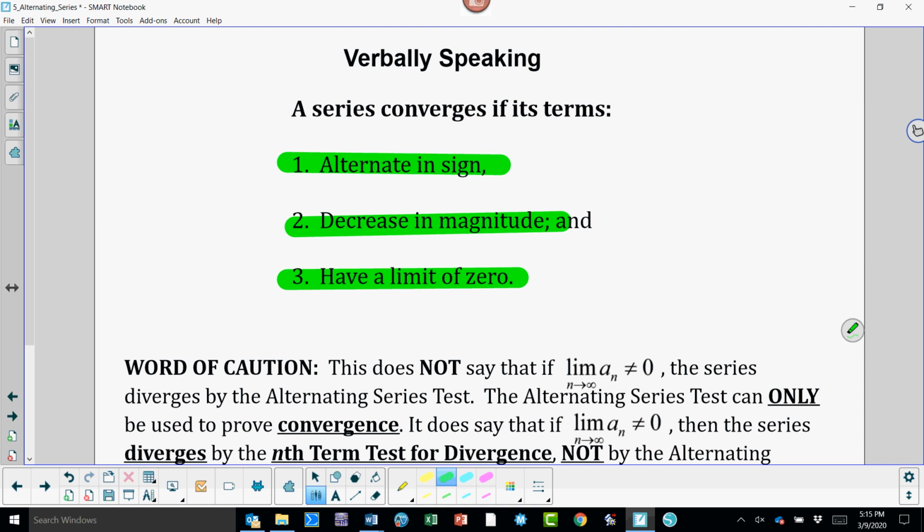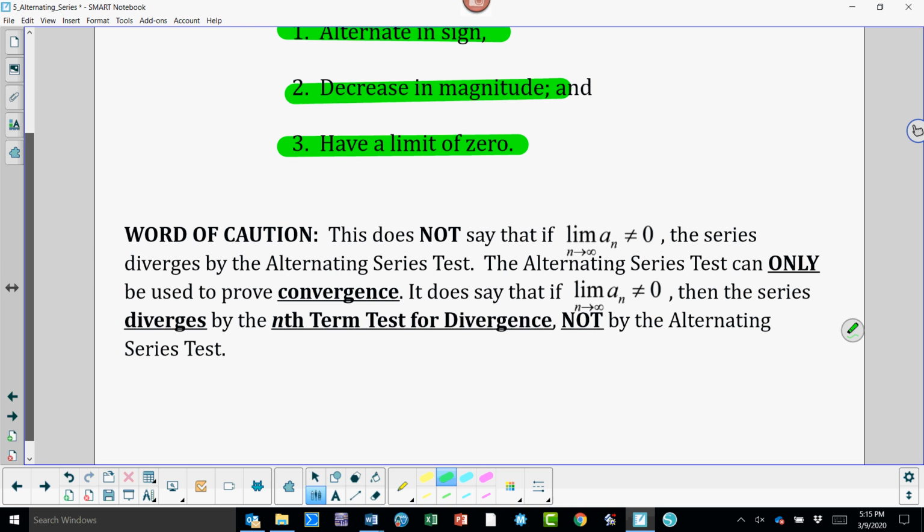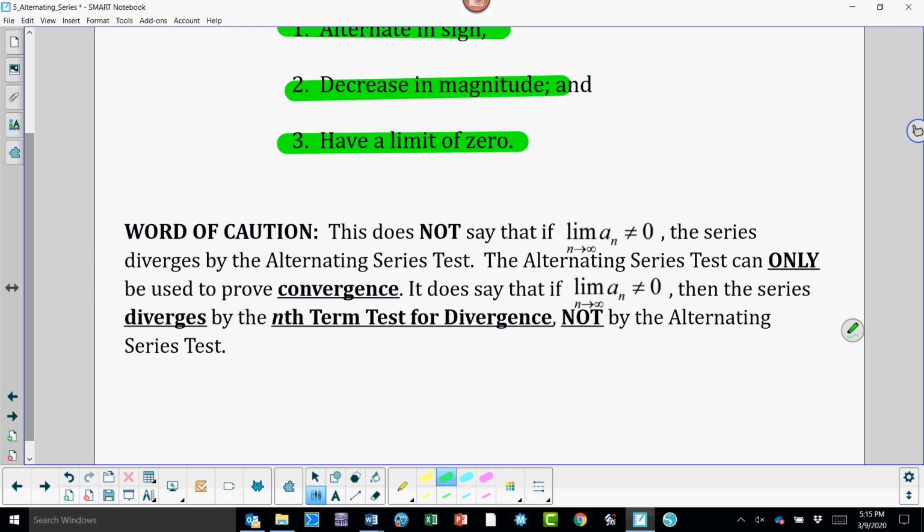So one thing to be real careful about is, let's say the limit is not 0. Then you do not say that it diverges by the alternating series test. The alternating series test can only be used to prove convergence. If the limit is not 0, then it diverges by the nth term divergence test, not the alternating series test.